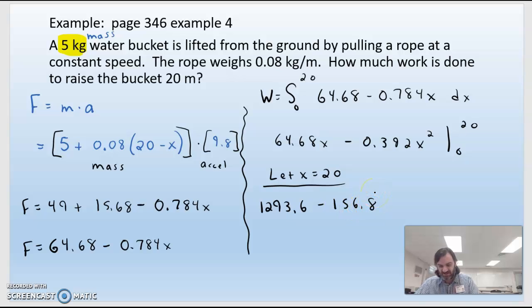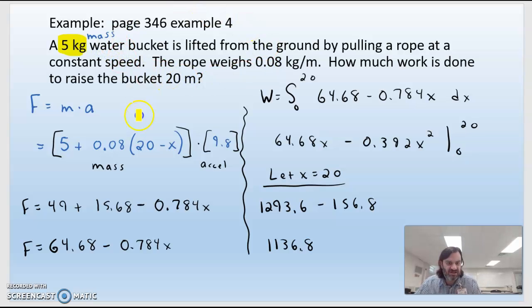So we'll subtract those two, and I get 1136.8.